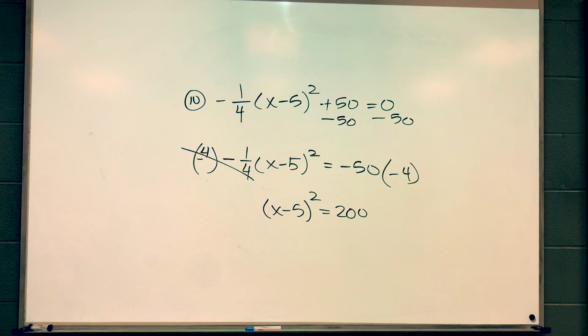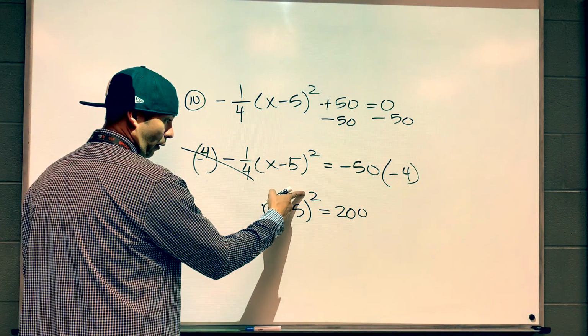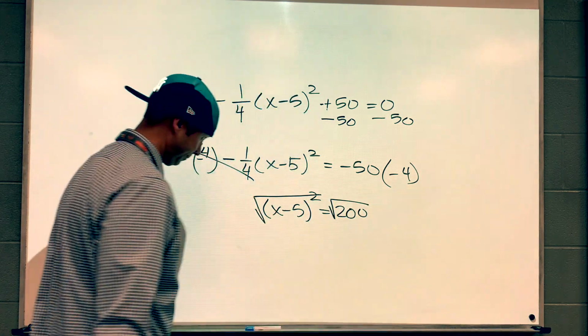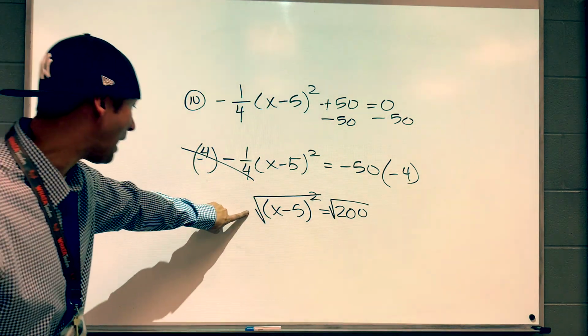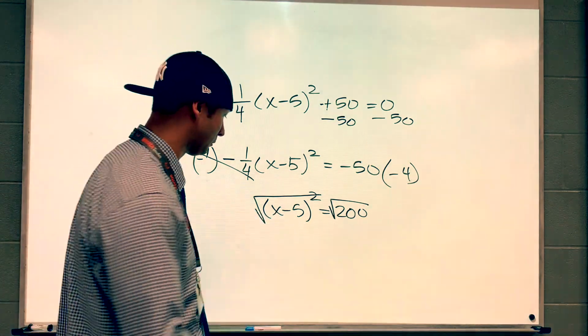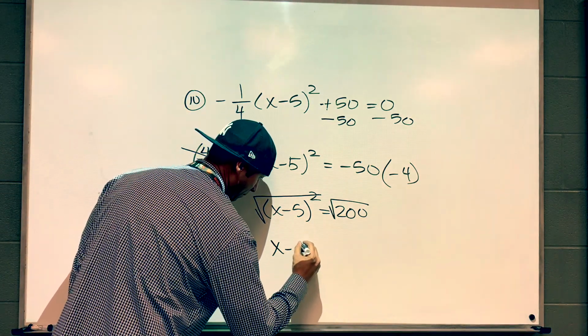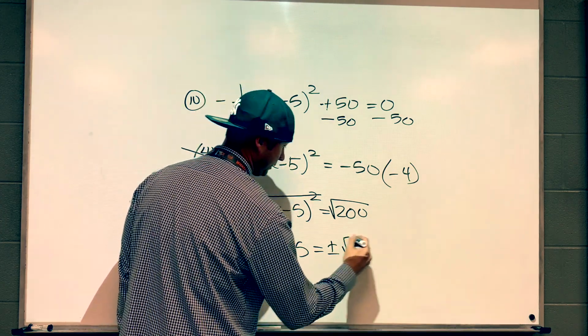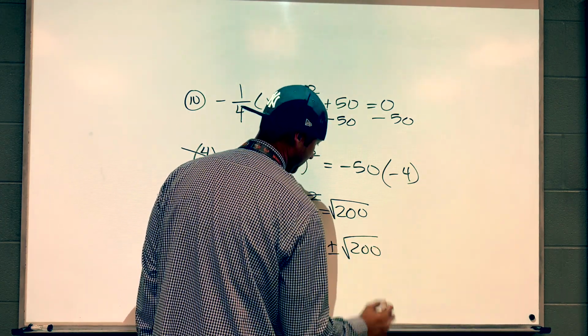Okay, we're getting there. Square root. I want to undo the square. Anytime I bring a square root to the table, this has to be plus or minus. So plus or minus square root of 200.